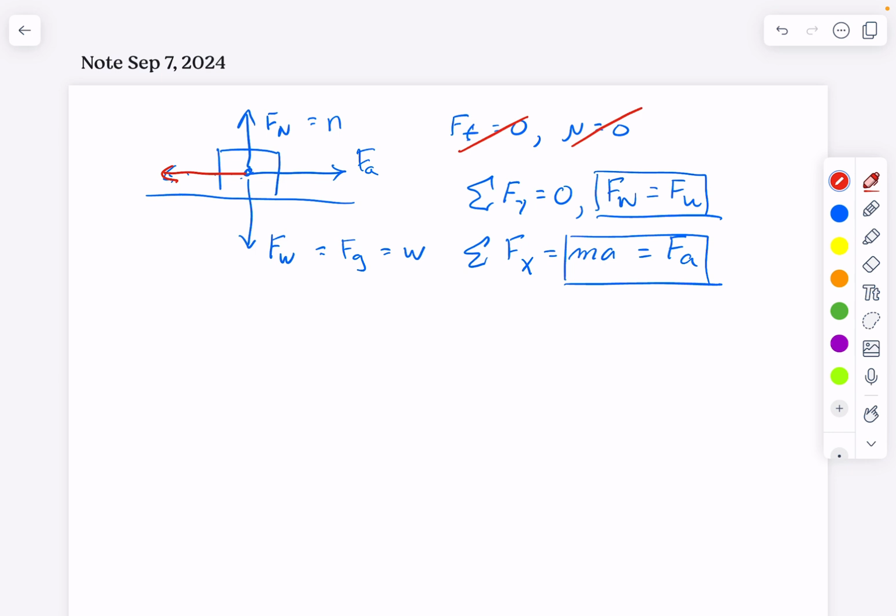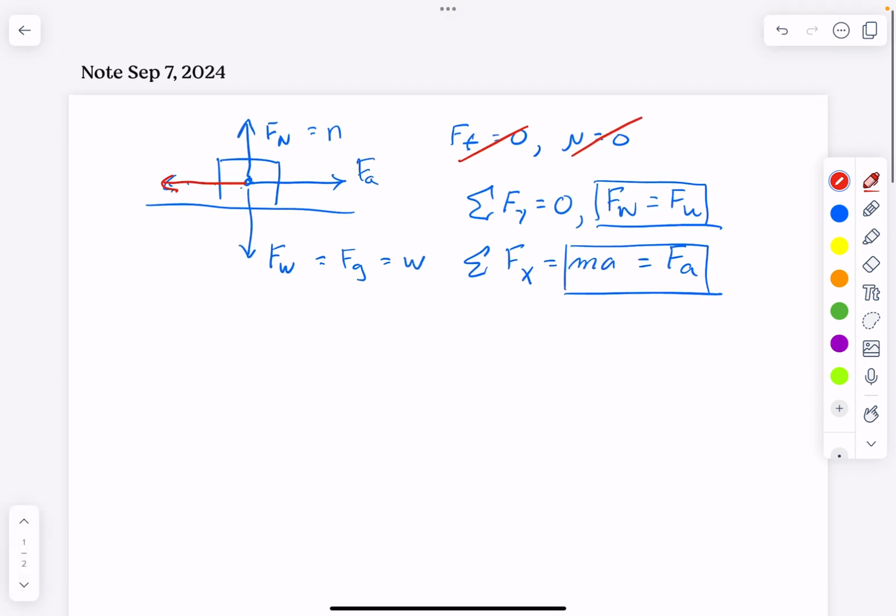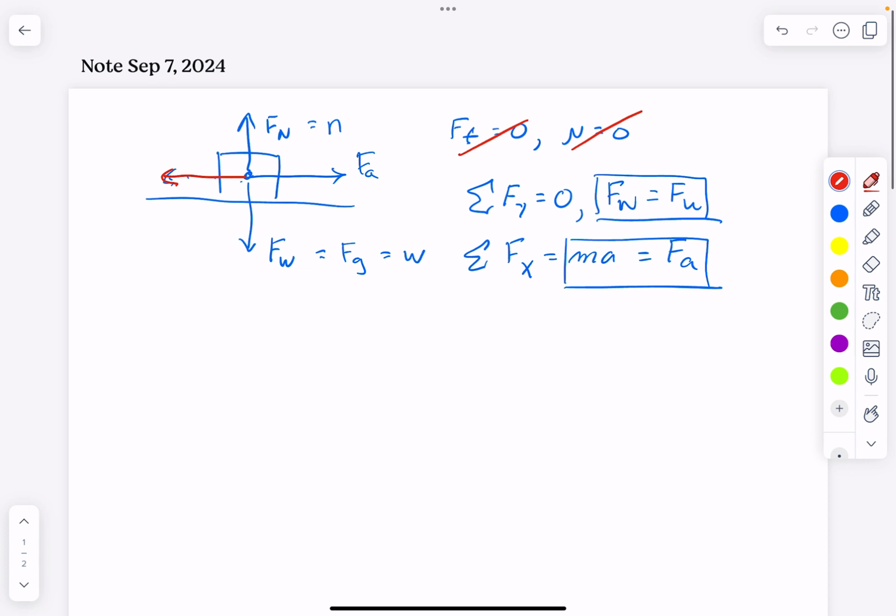If it's not accelerating, that means that the summation of the forces in the x direction equals 0. In other words, we would say that acceleration equals 0.